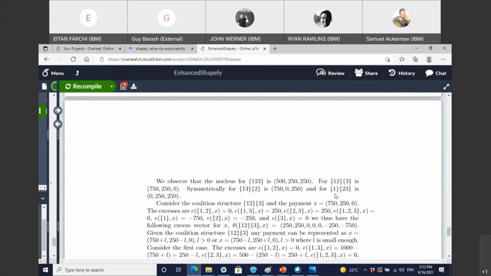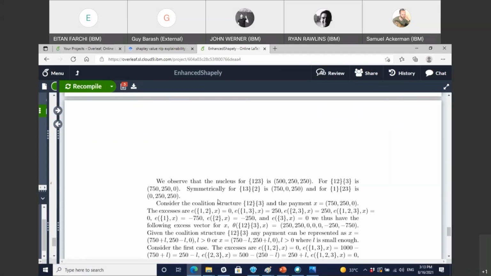Another coalition structure is 2 and 3 going together, and another one is 1 and 3. Now, when you have a coalition structure of 1 and 3 going together and 2 left by itself, you may say, okay, maybe 750 and 250 are a reasonable solution.